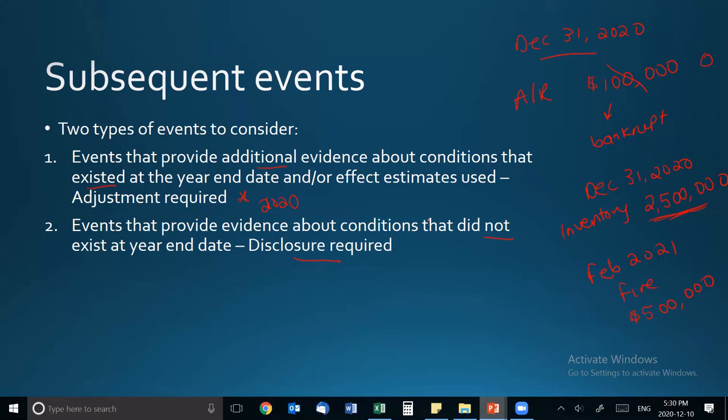Mostly, if it affects estimates, then we would probably have to adjust. If not, like this was the true case, we did have $2.5 million of inventory, but a few weeks later we didn't anymore, then we would just do a disclosure saying that there was a fire and that ruined $500,000 of inventory. We lost $500,000 of inventory.